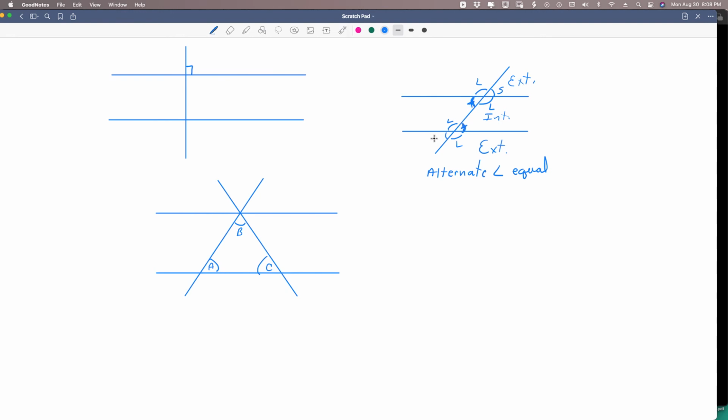So that means that this angle and this angle are alternate interior angles, so this is the same as angle A. By the same logic, this angle and this angle are congruent, so we have the same measure as angle C here.